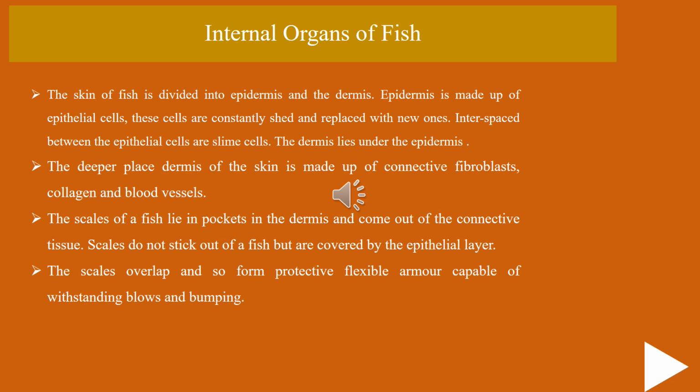Scales do not stick out of a fish but are covered by the epithelial cell. The scales of fish overlap and so form protective flexible armor capable of withstanding blows and bumping. The scale of fish remains the same throughout its growth periods. It does not increase in number.